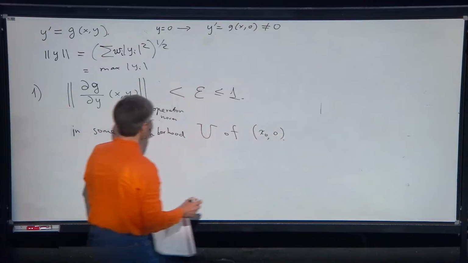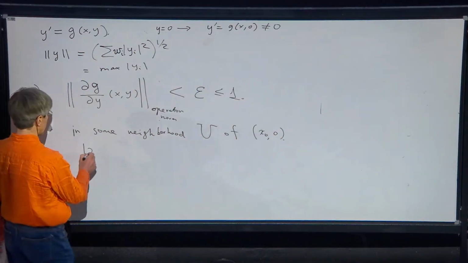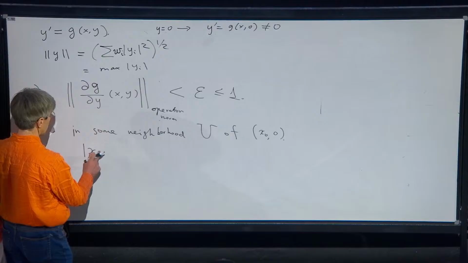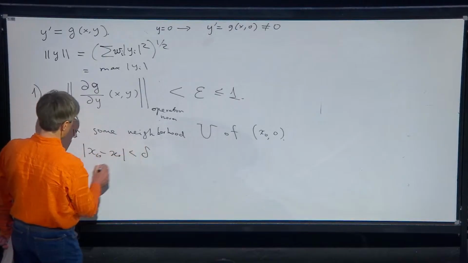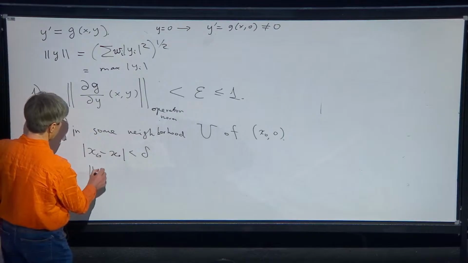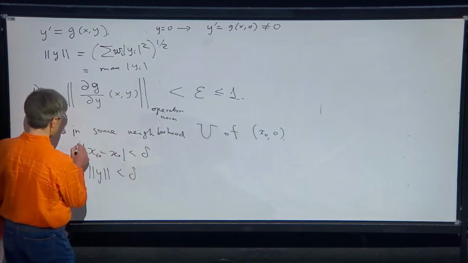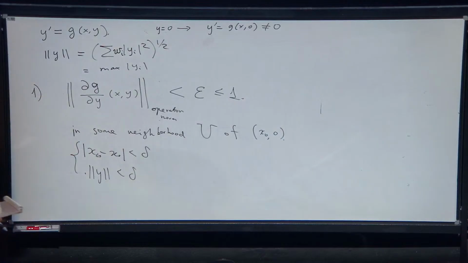So for example, this neighborhood maybe has the shape: the norm of x minus x0 less than some delta, and the norm of y is less than delta. So you have to pick a neighborhood, and in this neighborhood, this has to be a contraction.